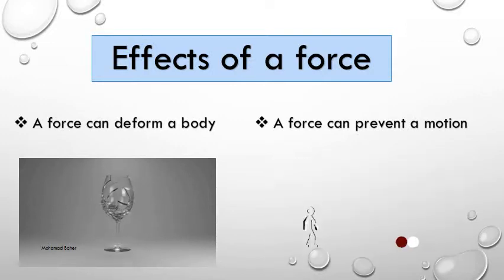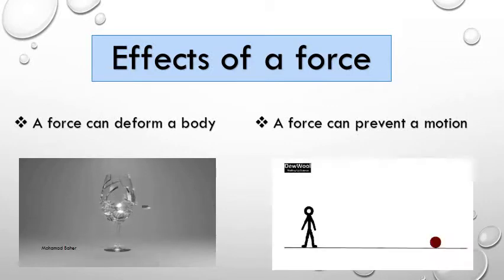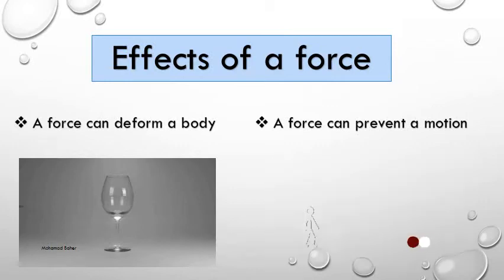We deduce that the force done by the bullet on the glass broke this glass and deforms its shape. So as a result, a force can deform a body or change its shape. In the second figure, there is a ball moving towards a boy, and the boy makes a force on it, and this force stops the motion of this ball.